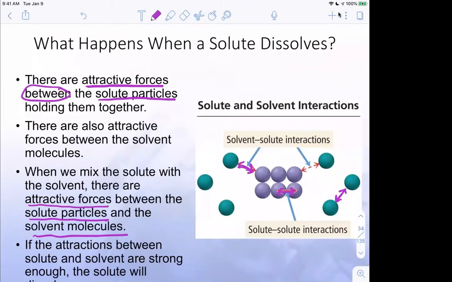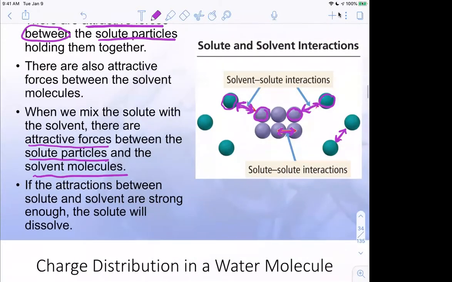So that's here. Now this solvent molecule is interacting with this solute particle. This is the key. If the attractions between the solute and the solvent are strong enough, the solute will dissolve. If they're not, the solute will not dissolve.